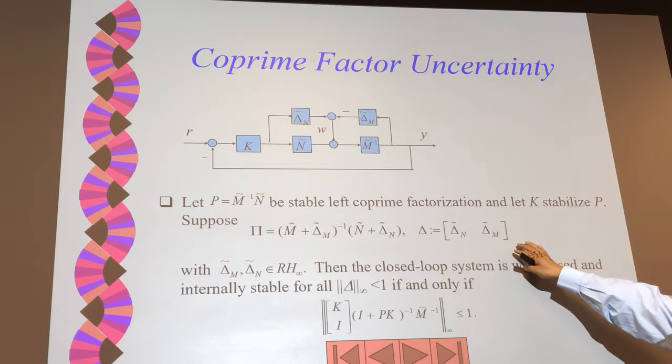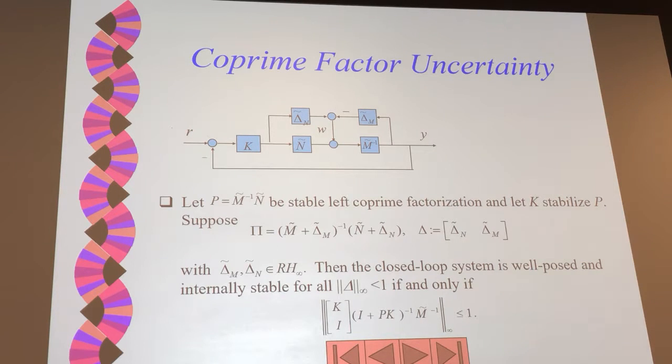This is something not familiar to many people, but I hope we have some practice on this one. And for each of this uncertainty, we'll assume this is also in RH infinity. So then we still assume the RH infinity norm is less than 1.